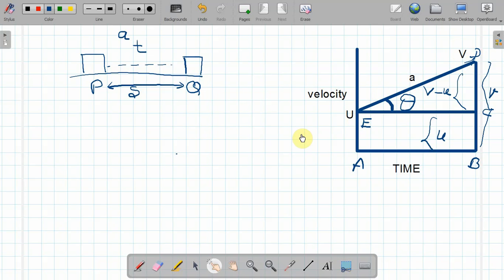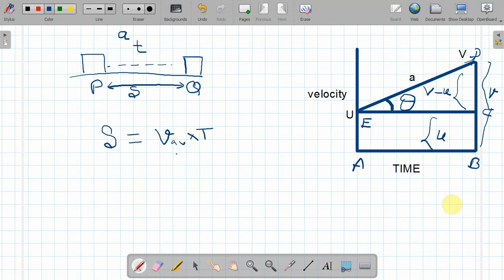As per the basic definition of displacement, s is equal to average velocity into time. If we multiply velocity into time, then we can get the displacement.